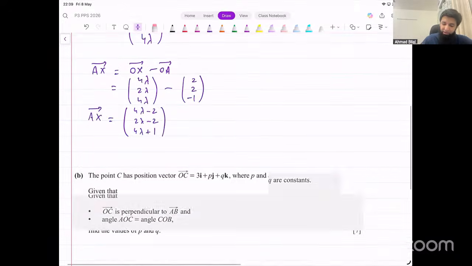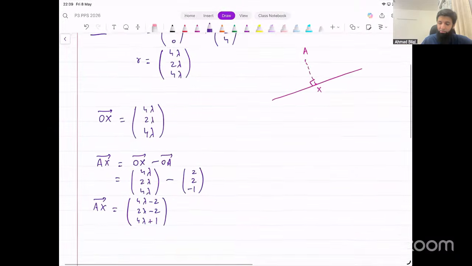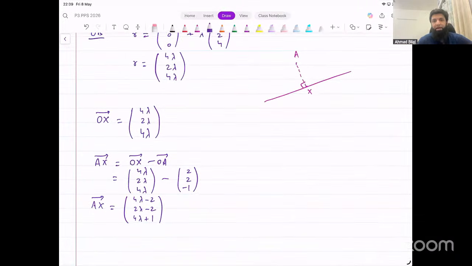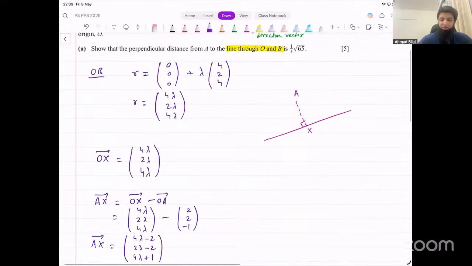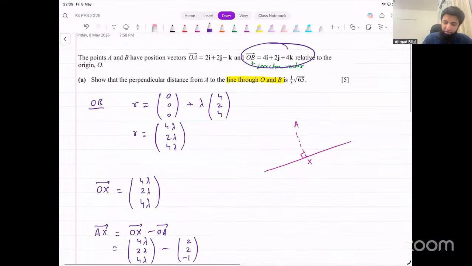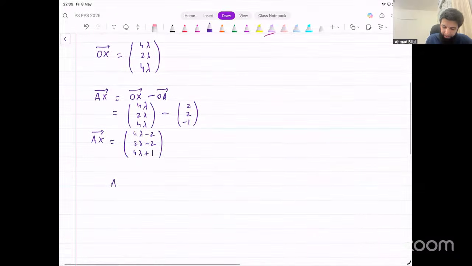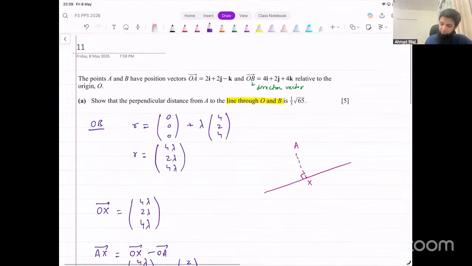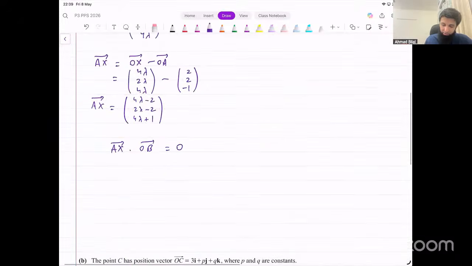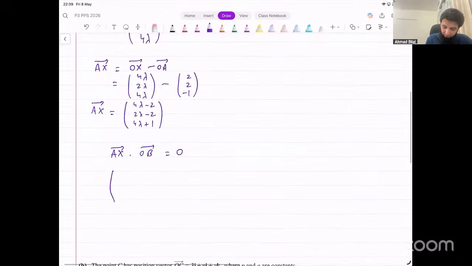And now we use that idea that AX vector is supposed to be perpendicular to the line. So AX vector, its dot product with the direction vector of the line, must be 0. So AX vector dot OB vector must equal 0. So we say 4 lambda minus 2, 2 lambda minus 2, 4 lambda plus 1 dot OB.